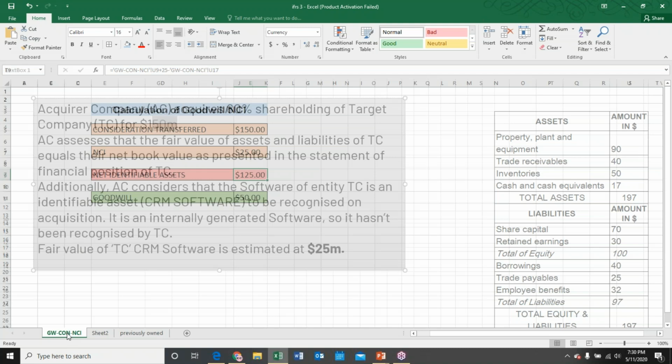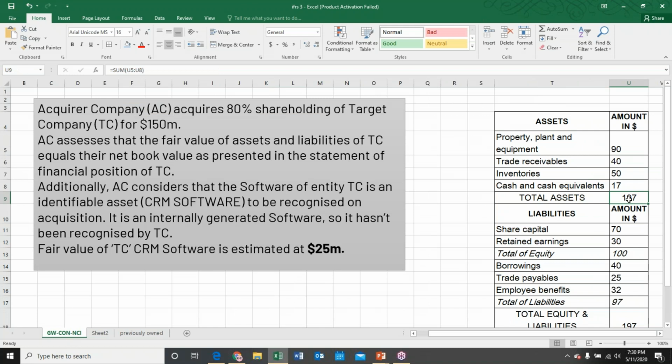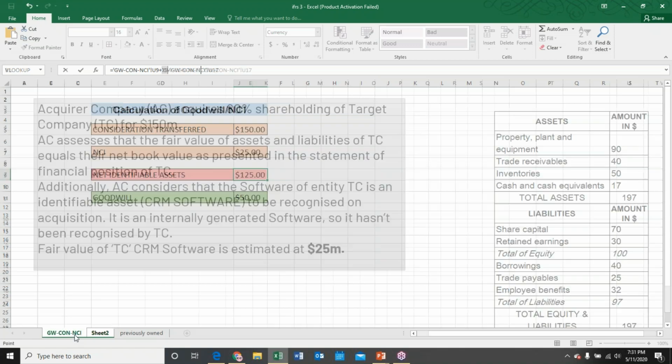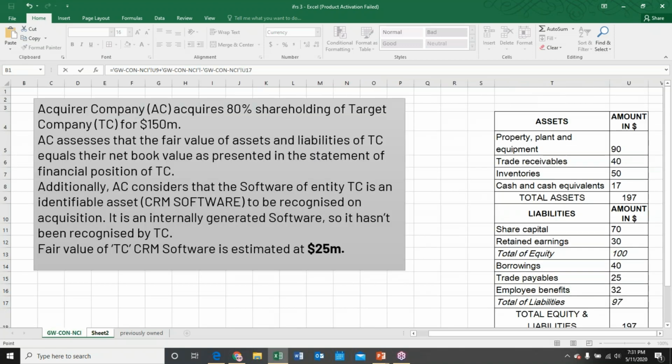Now this 25, I am giving everyone just 30 seconds to identify what this 25 amount is. Where has this come from? Answers are of course welcome. Where have I got 25 from?